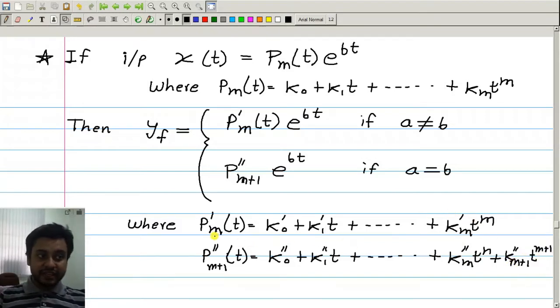However, yesterday we only said that the output, forced output, will be of this form, but exact coefficients k0 prime, k1 prime, etc., that we did not determine exactly.